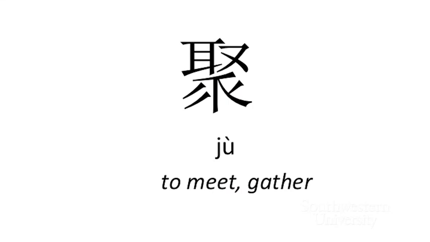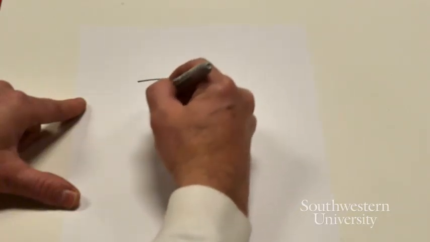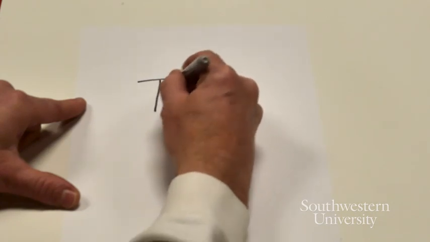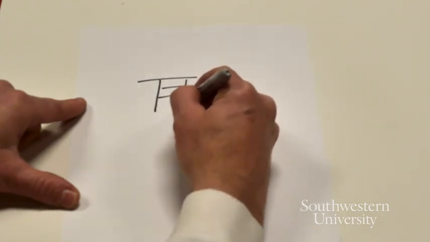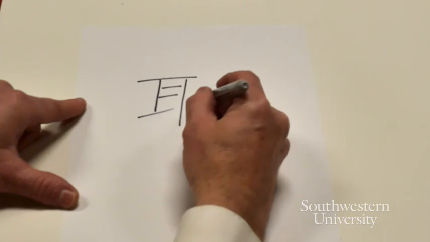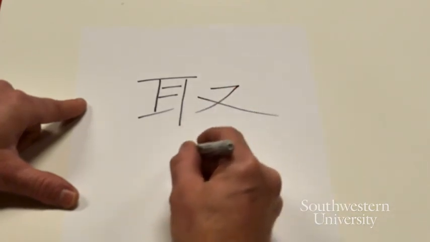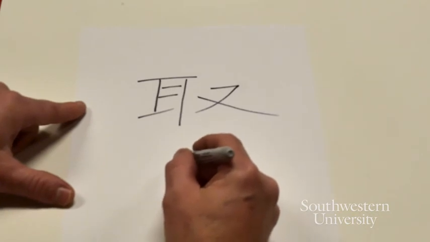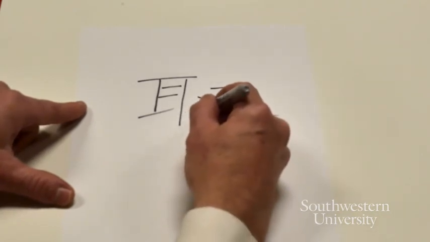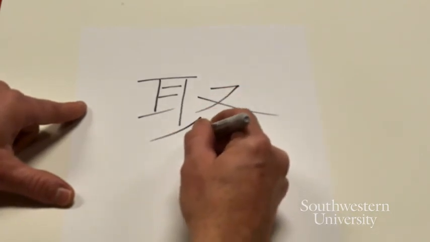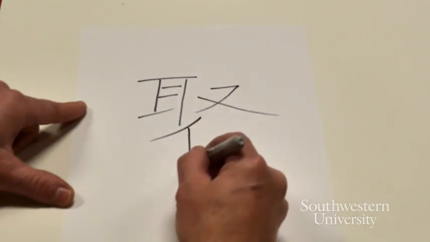Ju, to meet together. So here we have at the top the phonetic component, which is an ear, and the right hand, chu, which means to pick something up, but it's just phonetic here. And then we have this component below, which actually means the meeting of people.